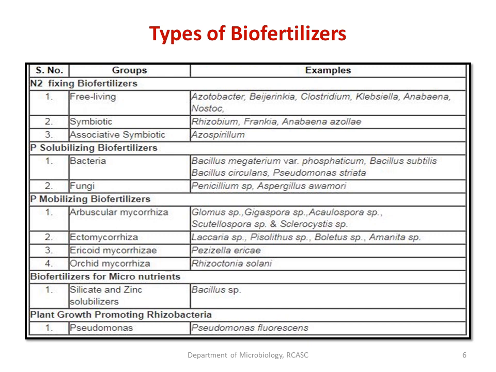Here biofertilizers can also be classified based on the purpose of usage, whether they are nitrogen fixing biofertilizers, phosphate solubilizing biofertilizers, phosphate mobilizing biofertilizers, biofertilizers for micronutrients, or biofertilizers for plant growth promotion. So let us study each one in detail.